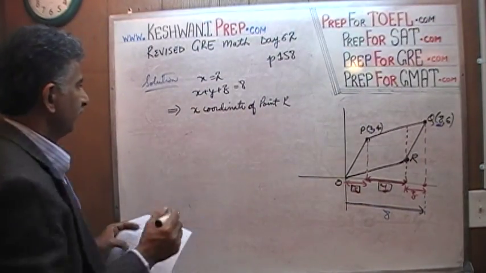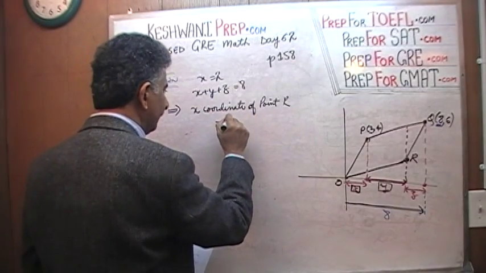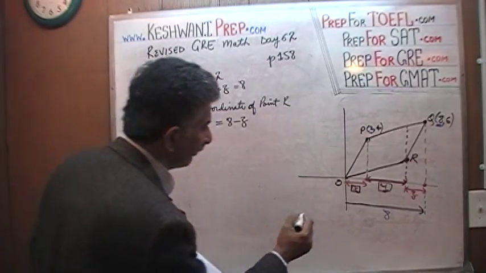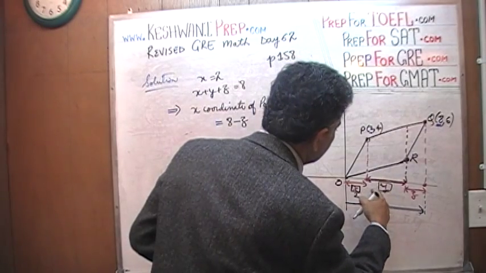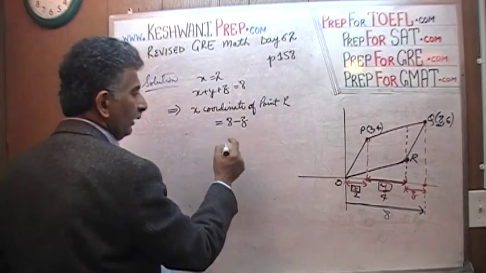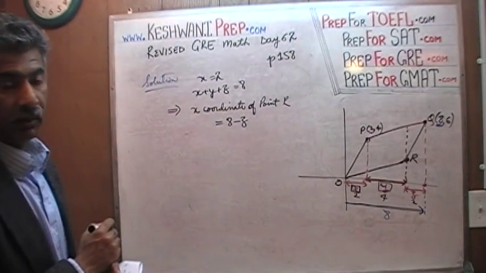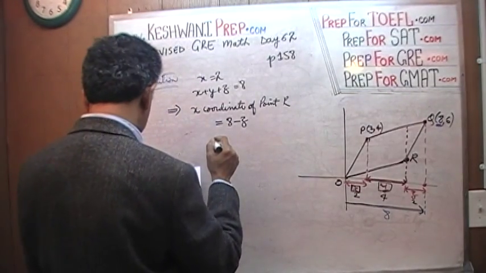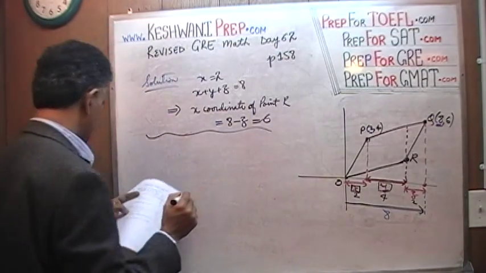The x coordinate of point R equals 8 minus z, and z is how much? Z is 2, same as x. x plus y is 6, so y must be 4, and z is 2. Because it's a parallelogram, everything is symmetric. So 8 minus z is 6. So that's it, we're done with the x coordinate.